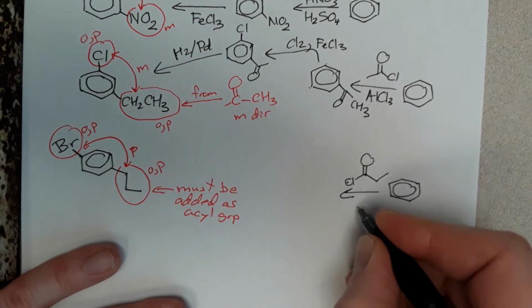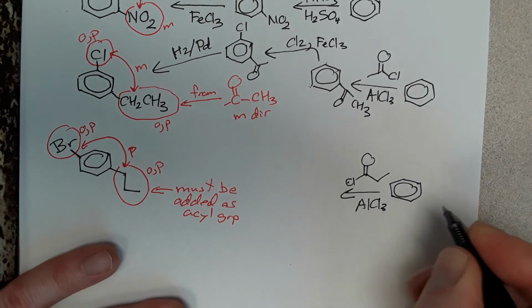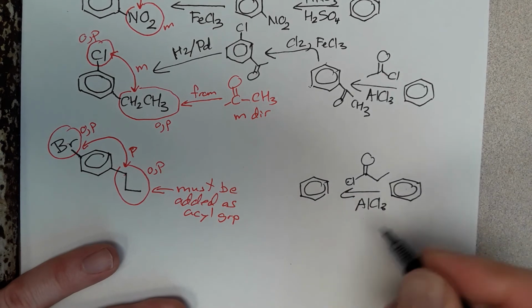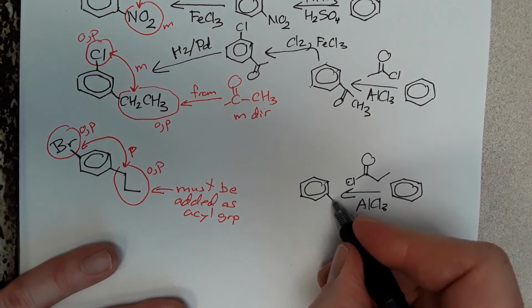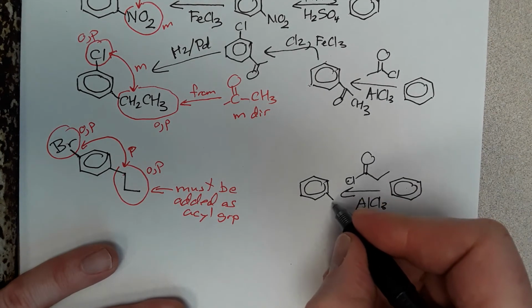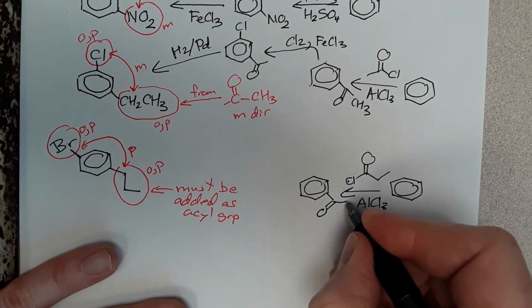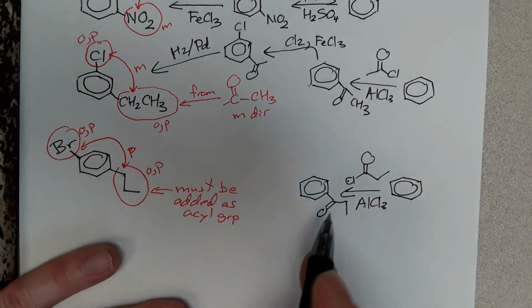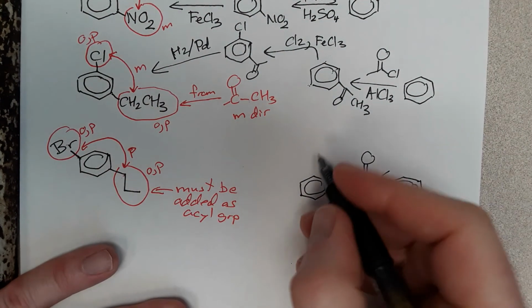1, 2, 3, aluminum trichloride. One, two, three. So we added the acyl group there. Then we can't add the bromine until we convert it to the alkyl group.